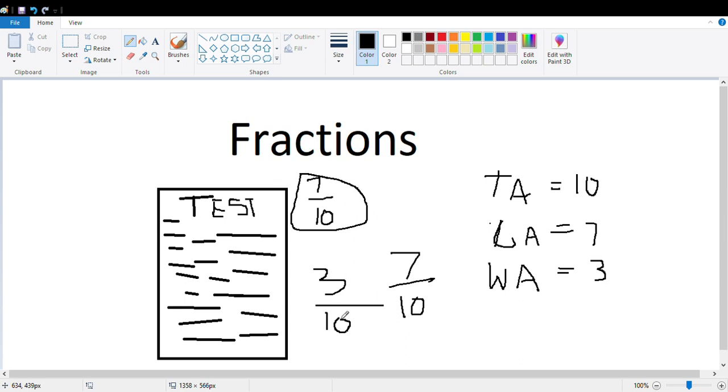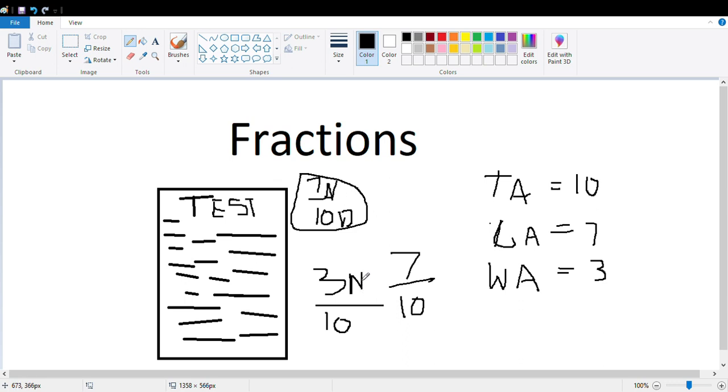Everything is like on a test paper: you get this much right and that much wrong. How much you have got right will be the top one, the numerator, and the bottom one will be the denominator. So the correct answer is the numerator, and the bottom one is the denominator, and likewise for the wrong answer.